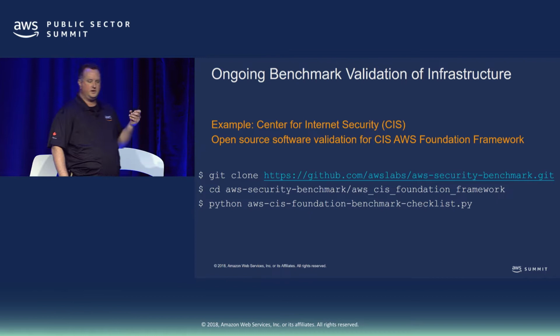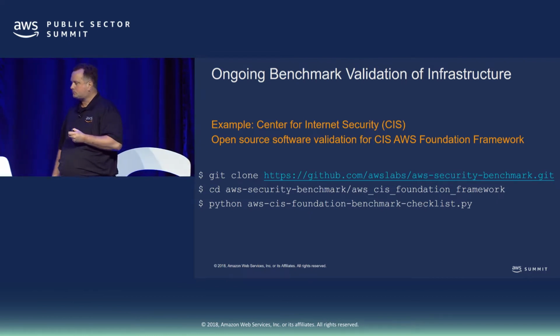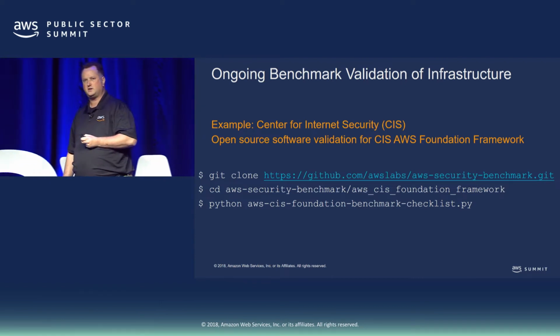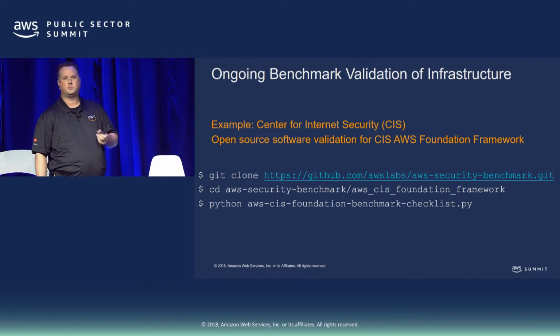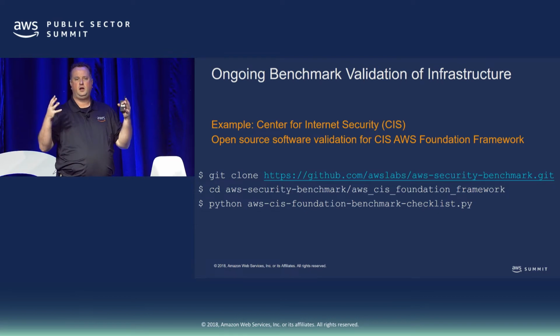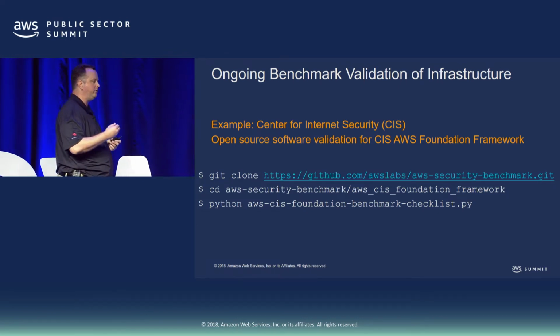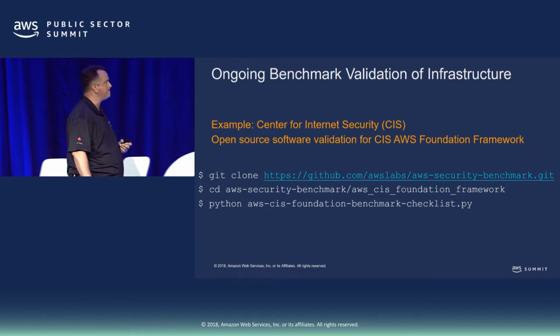Now, as we get a little bit more into some of the automation here, AWS has teamed up with the Center for Internet Security, the CIS, and we've created a benchmark. So this is like an automated hardening document, so to speak, that you can use to make sure your AWS accounts are secure.